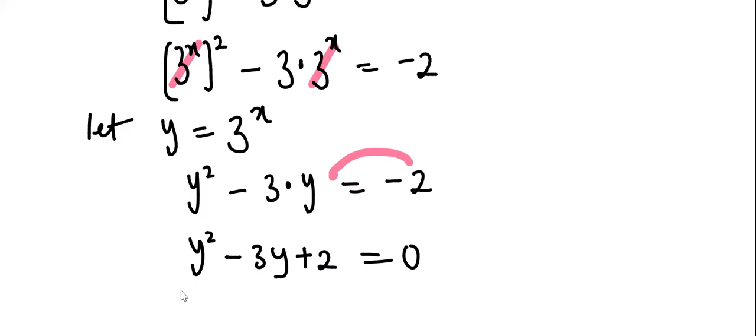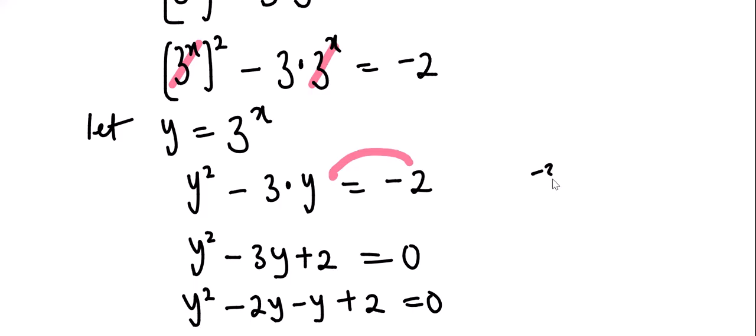Solving quadratically, we can use the factorization approach. So here I'm going to have y squared minus 2y minus y plus 2 equals 0. How do I get that? You look at, here we have negative 3y, we have positive 2.